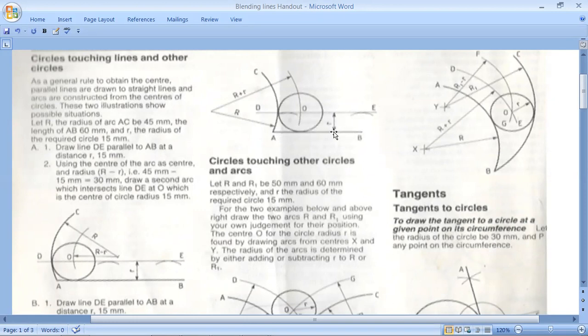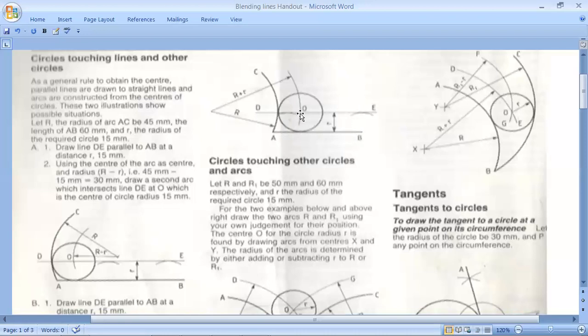Reproduce this line at the radius of the circle that you want to create. If the radius of the circle you want to create is 15, you reproduce this line 15 millimeters high. Using the compass at 15, you create this arc, and use the same 15 to create this other arc. Use the ruler to join the two arcs here, and the line is going to be a 15 millimeter parallel with respect to the line AB.